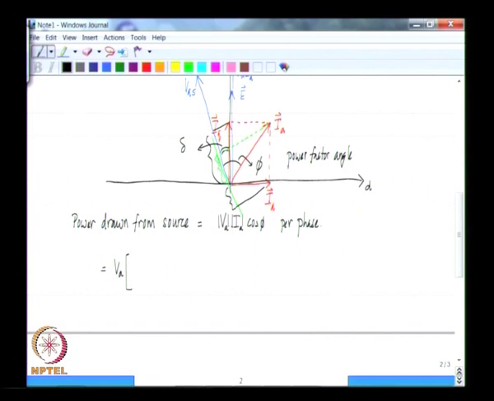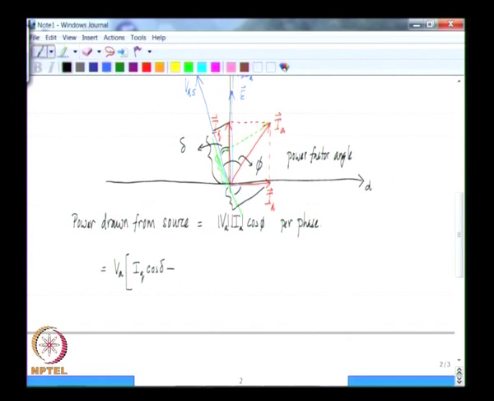So, that can be obtained as IQ, this length IQ, and if you take it on the VA axis, IQ into cos delta will give us this length. So, IQ cos delta, and then minus ID is here, and this part is negative, and therefore, that is ID into cos of this angle.